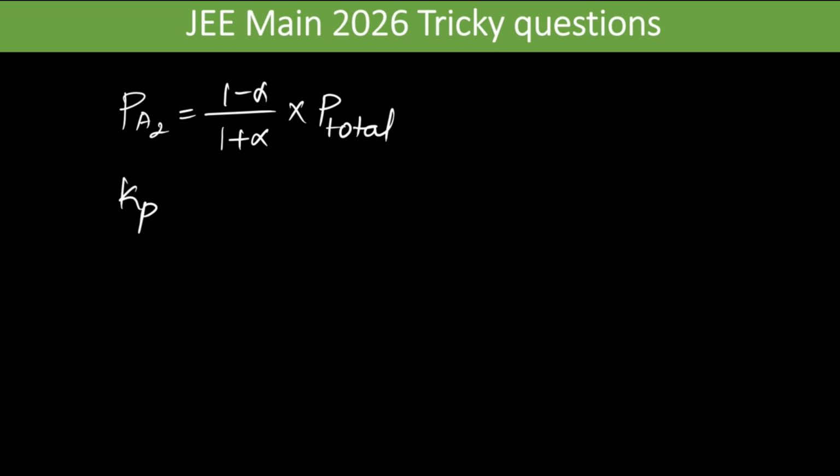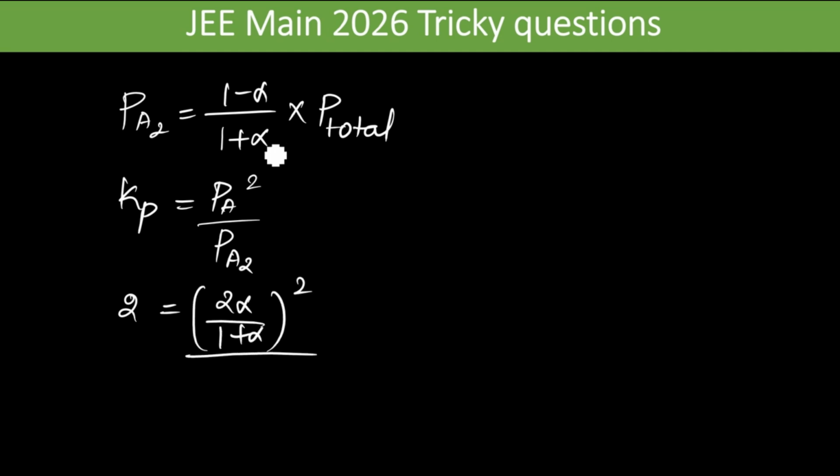We know Kp is 2. How to find the equilibrium constant? That is PA squared by PA2. So substitute the values here: PA is 2 alpha by 1 plus alpha, whole squared, divided by 1 minus alpha by 1 plus alpha into P total.